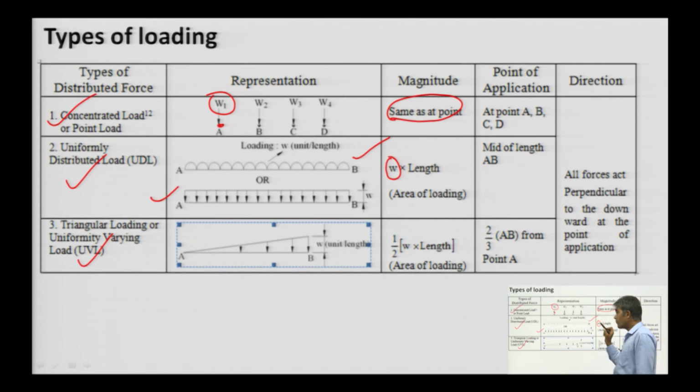W is the force per unit length. So, the total force by this UDL will be W into length, or you can calculate the area. If you calculate the area, since W is same and it is acting over distance L, so W into L.